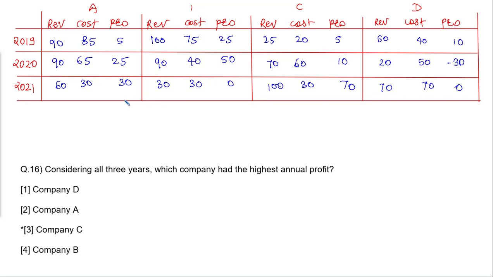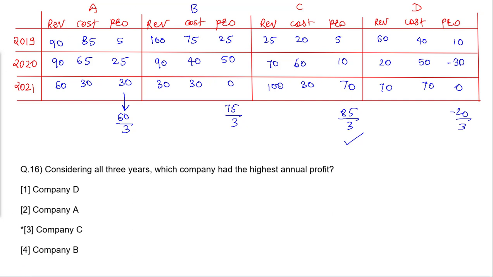Annual profit is nothing but total profit divided by 3. For company A the total profit is 60 divided by 3. For company B the total profit is 75 divided by 3. Here it is 85 divided by 3, and here it is minus 20 divided by 3. So which is the highest profit? For company C it is the highest profit.